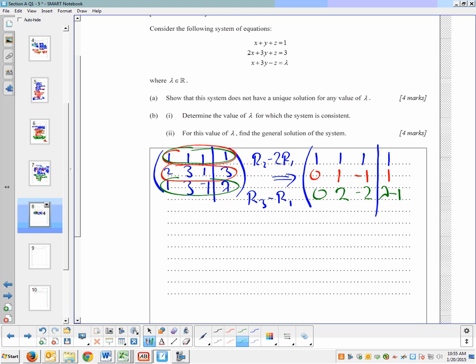lambda minus 1. And you can see already that these two rows are multiples of each other.